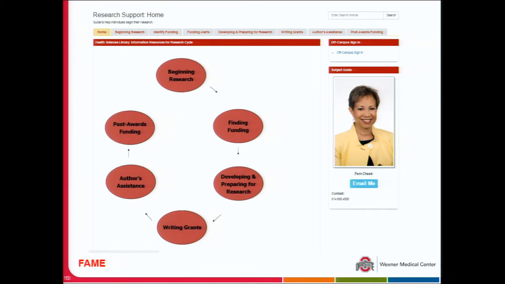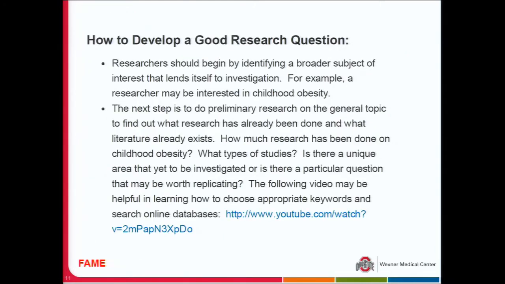And each one of these ovals, when you click on them, is associated with really important and useful resources, including beginning your research and asking a research question. Yeah, so it's a good resource.